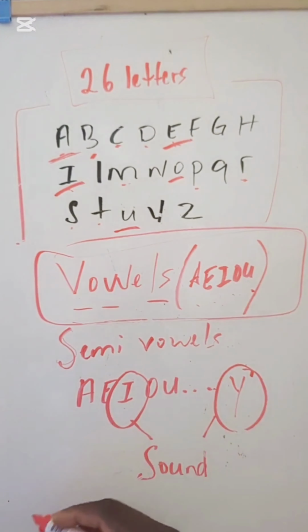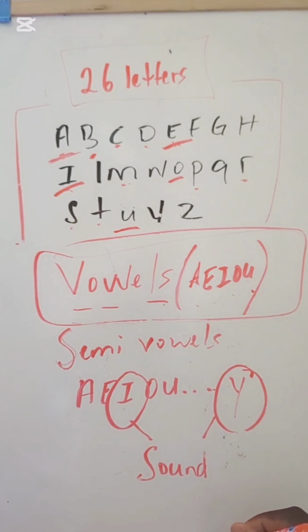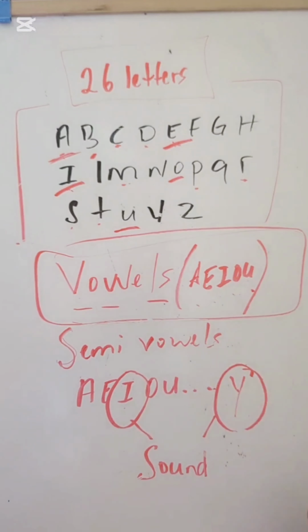O, the same. With Y now, when you make the sound Y, air is being expelled, but only partially. It's not fully blocked and it's not fully unblocked. It's like what they always say, half empty, half full. Y is the same half empty, half full case. So because of that, they classify Y as a semi-vowel.